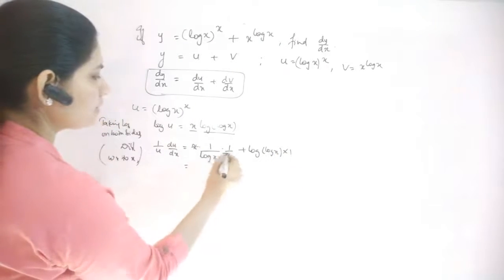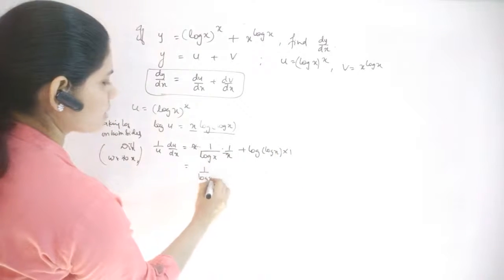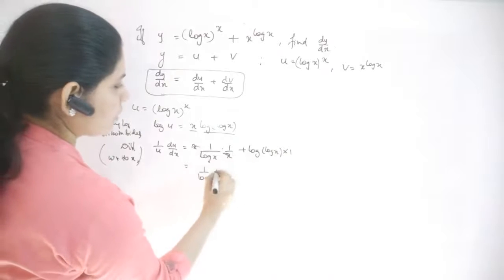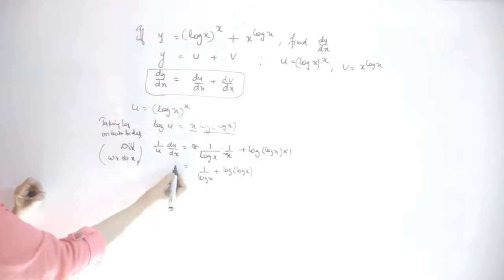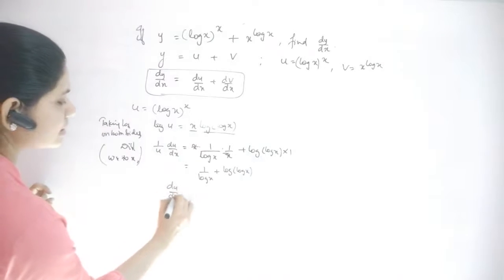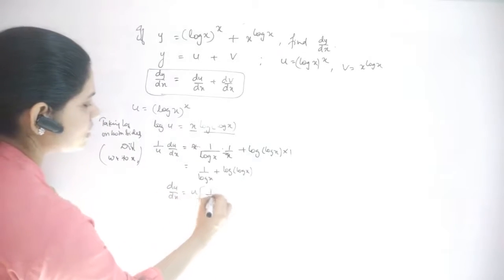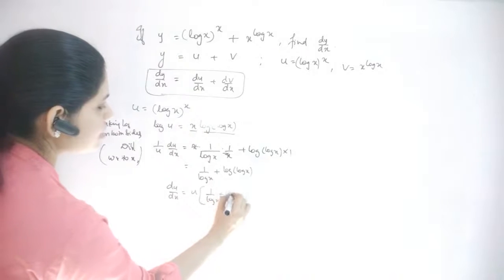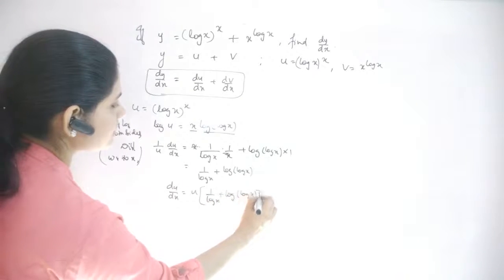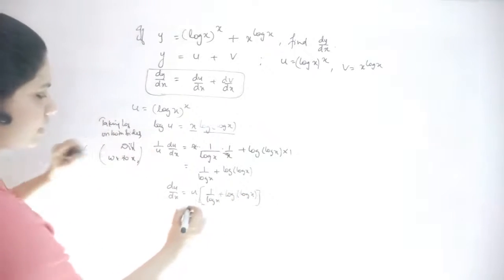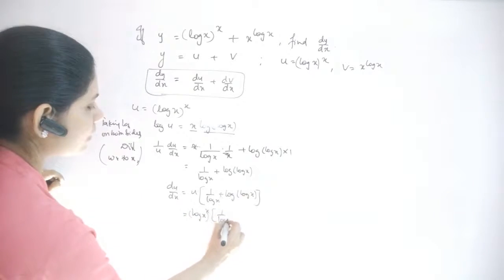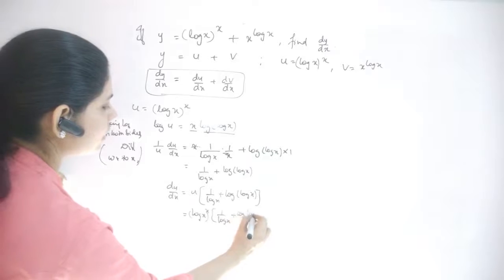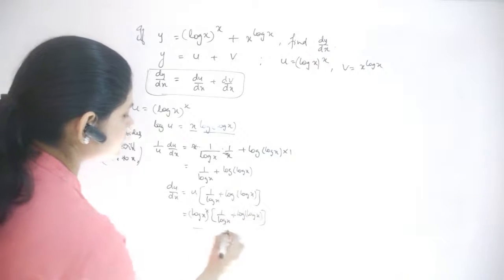So you are getting 1 by log x, the x gets cancelled, 1 by log x plus log of log x. This is 1 by u into du by dx. We need du by dx, which will be u into 1 by log x plus log of log x. Replace u: (log x) the whole raised to x into 1 by log x plus log of log x. This is your du by dx.